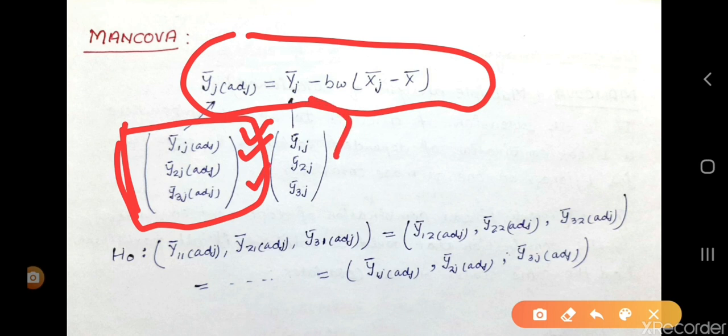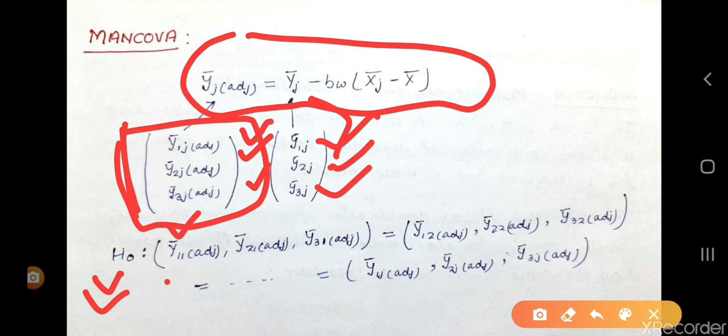Similarly, this Yj means the mean of all groups before adjustment. So this is also a combination of various variables. Clear? So here, as we have multiple independent and dependent variables, our hypothesis will change in this way.